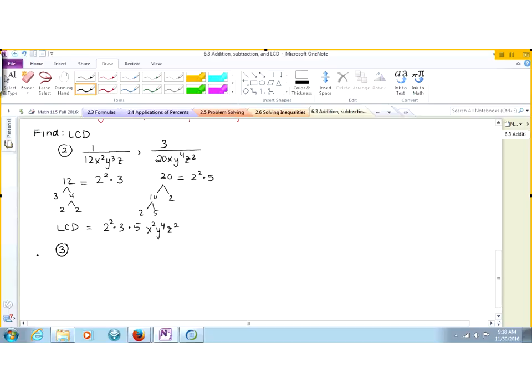What about something like this now? Number 3. So I want to find the LCD of, let's just say, 1 over x squared plus 5x minus 6, and 1 over x minus 1 cubed, and 1 over x squared minus 1.